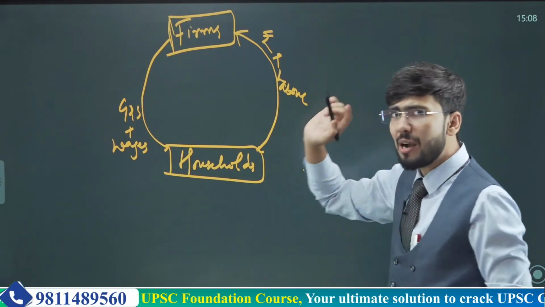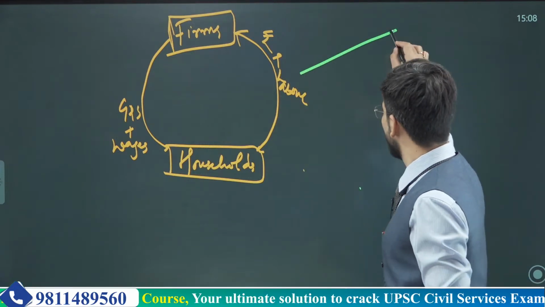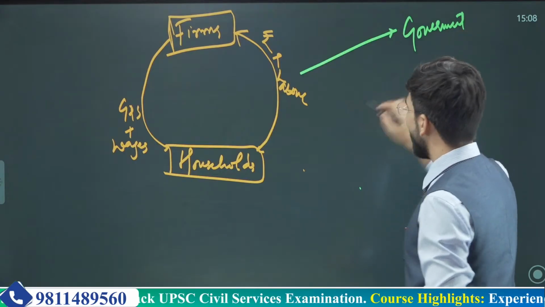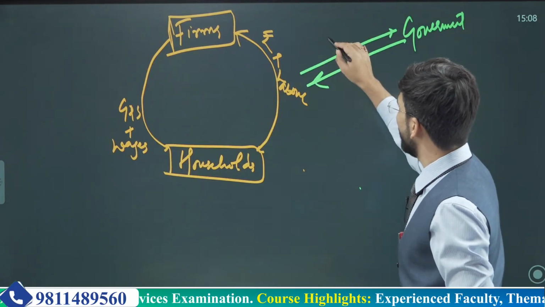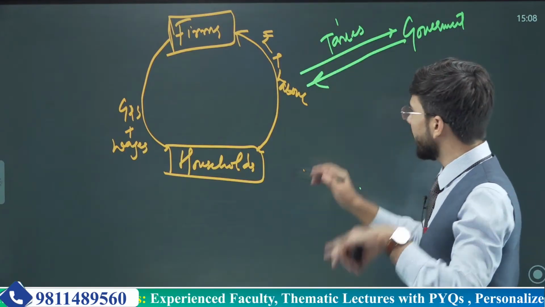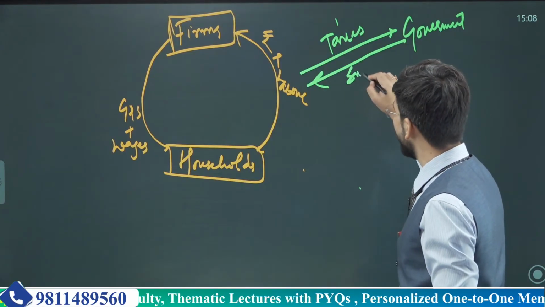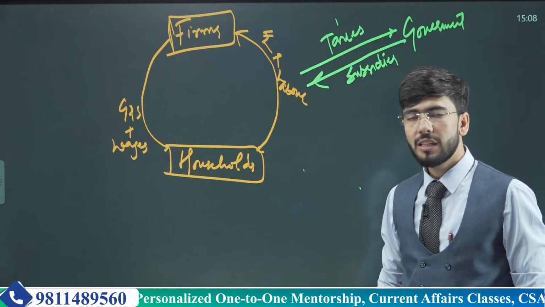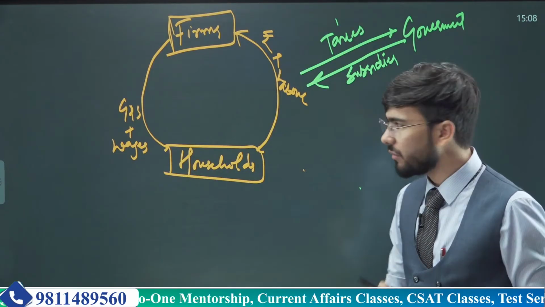But what is government actually doing? Government either imposes taxes or it provides subsidies. That is the three sector model of this circular flow.